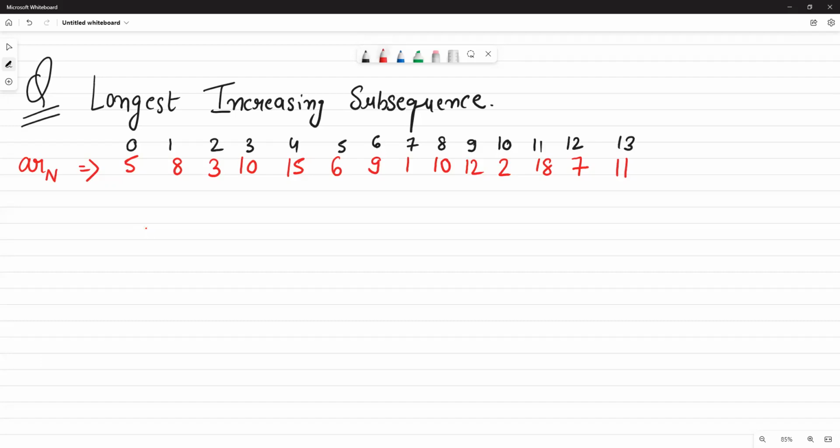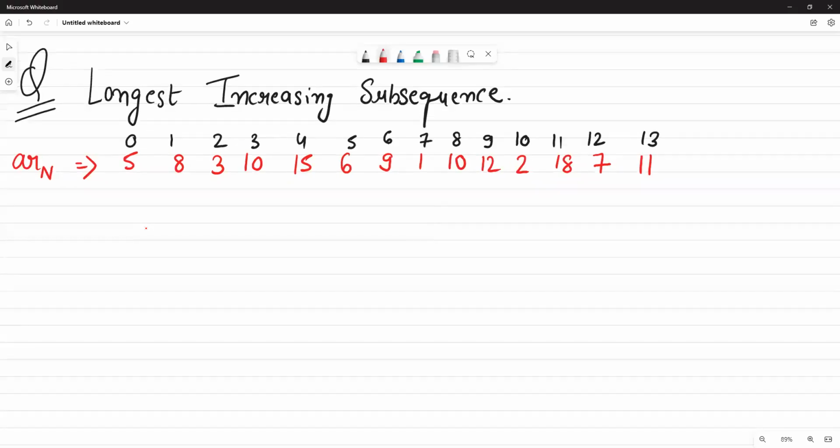So the question is, you need to find the longest increasing subsequence, that is, whatever subsequence you are getting, the length should be longest, and it is in ascending order, like in a sorted order. If I take the subsequence as 5, let's suppose I took 5, I can take 8 because it is following the ascending order.